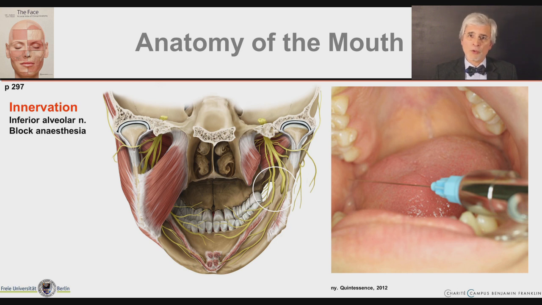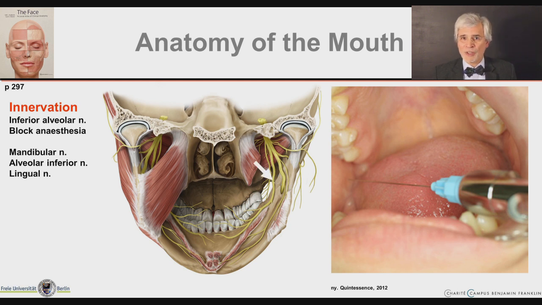So in the circle, you see the inferior alveolar nerve just before it enters the canal and disappears in the mandible. And medial to it is the lingual nerve. You should avoid to hit it directly, but you cannot prevent the anesthetic depot that you injected there into the connective tissue also from diffusing into the lingual nerve, and then the tongue also becomes numb.